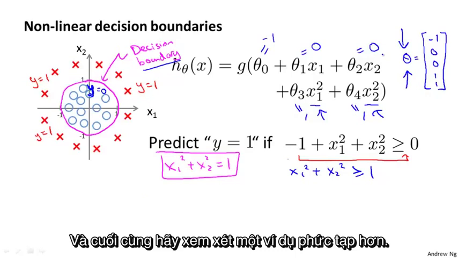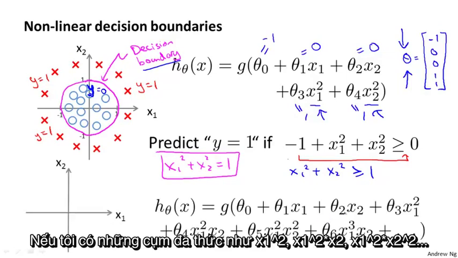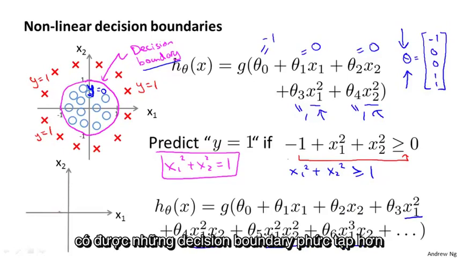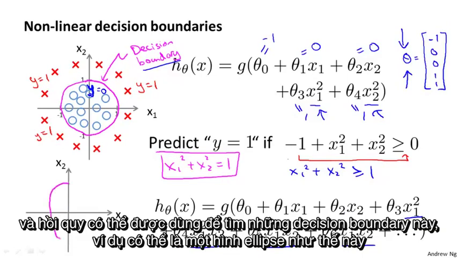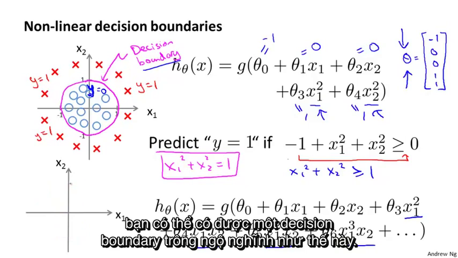And finally, let's look at a more complex example. So can we come up with even more complex decision boundaries than this? If I have even higher order polynomial terms, so things like x1 squared, x1 squared x2, x1 squared x2 squared, and so on, then it's possible to show that you can get even more complex decision boundaries, and logistic regression can be used to find decision boundaries that may, for example, be an ellipse like that, or maybe with a different setting of the parameters, you can get instead a different decision boundary, which may even look like some funny shape like that.